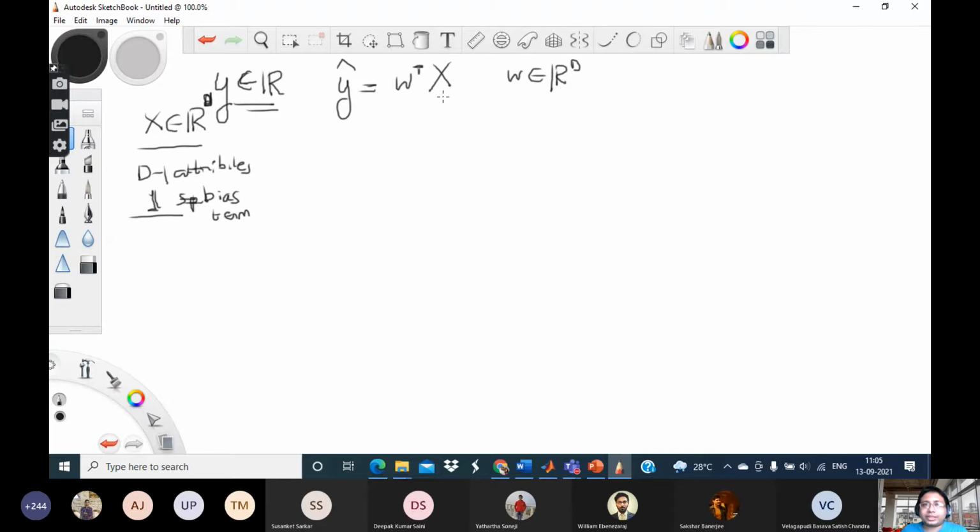During the training phase, I know x as well as y. During the testing phase, I know x and I know w, but I have to find y. So in the training phase, basically we need to estimate w. In the testing phase, I need to predict the value of y.